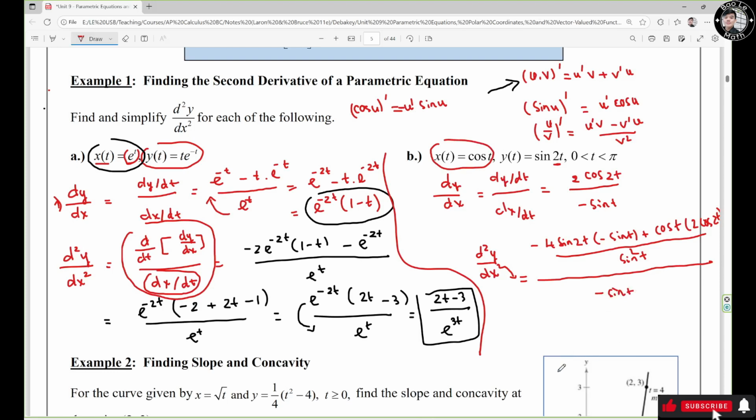Now I'm going to simplify this further. The negative becomes positive, so I have 4 sine t sine 2t, plus 2 cosine t cosine 2t. I'm going to combine these, so this turns out to be negative sine cubed of t. This one is the final answer.